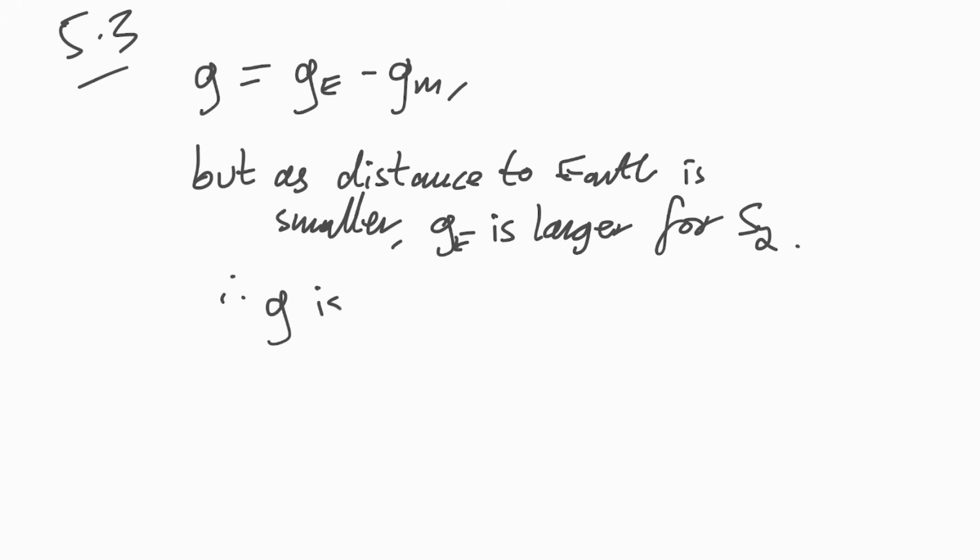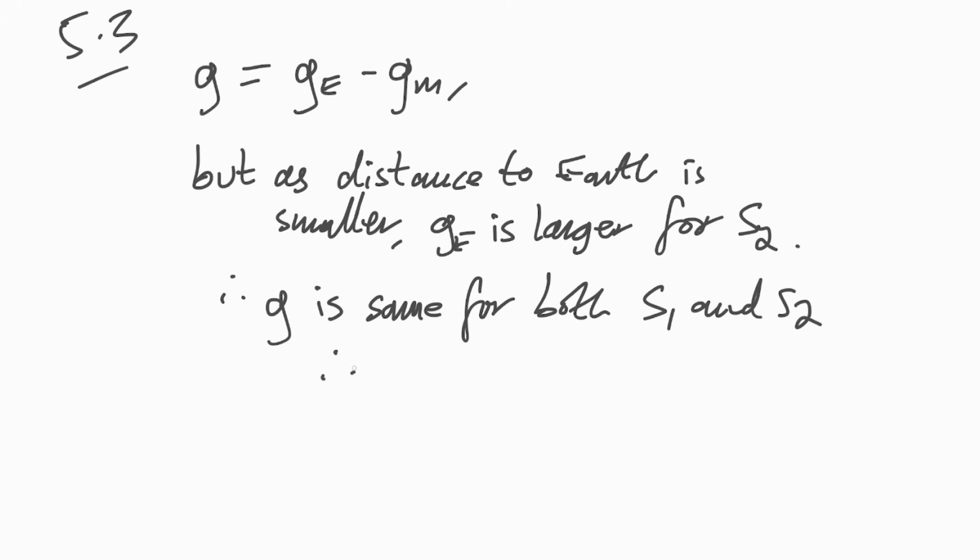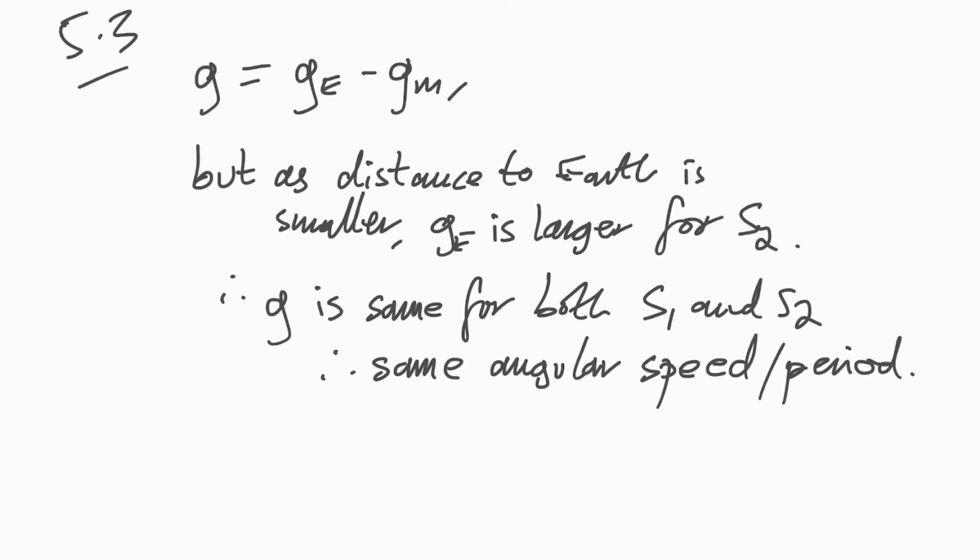Therefore, g is the same for both S1 and S2. Therefore, same angular velocity, period. Weird question. The mark scheme says it in a weird way. I don't know. Okay, 6.1.